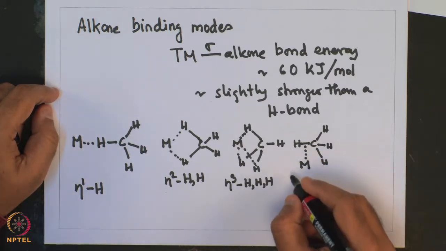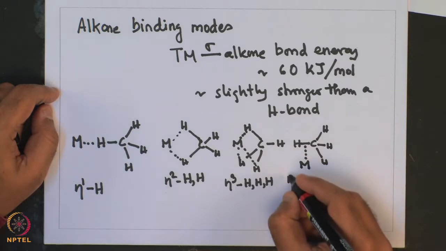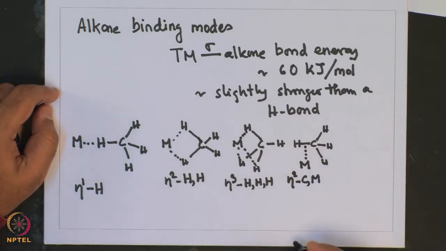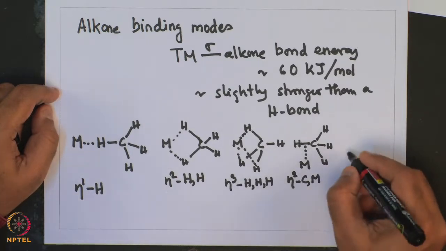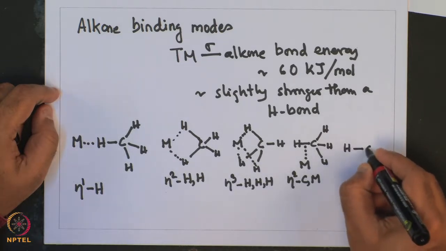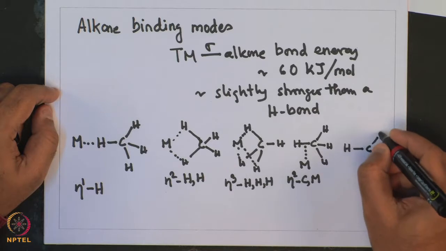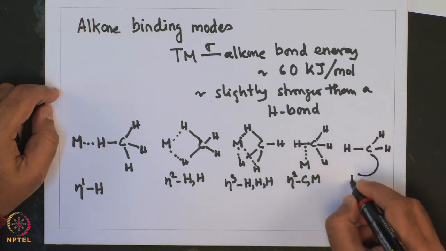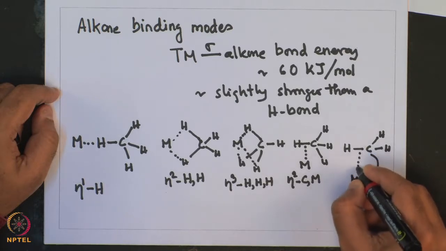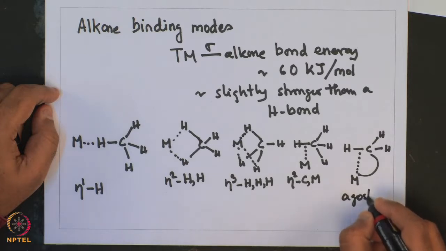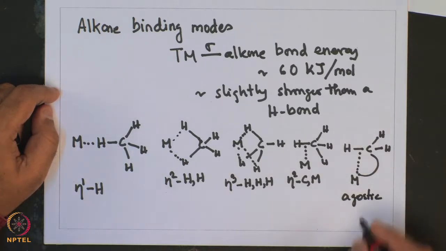And this is written as eta 2 C M binding, and lastly this can bind in a fashion shown here, and this is called agostic interaction.